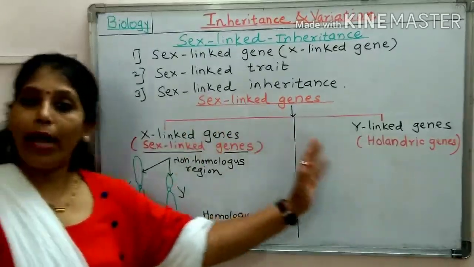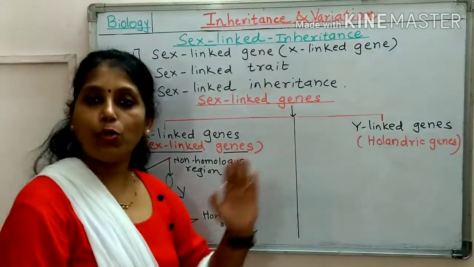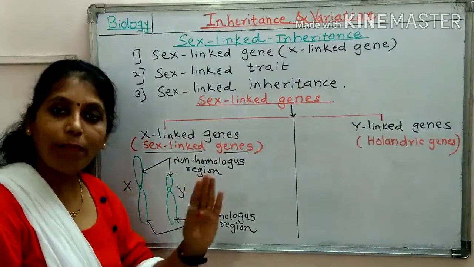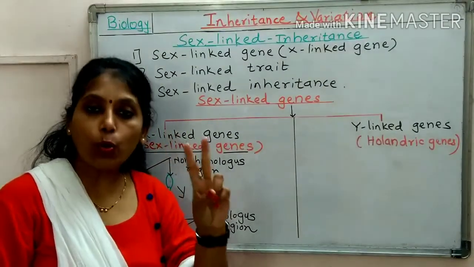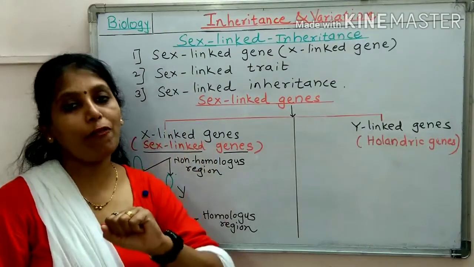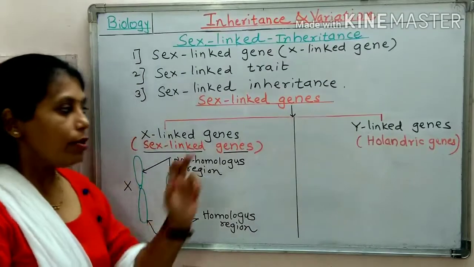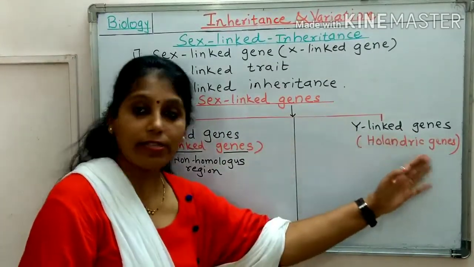Now come to Y-linked gene. As we know, the Y chromosome is present only in males. It is not present in females. In females, we have 2 X chromosomes. In males, we have 1 X and 1 Y chromosome. So this Y-linked gene is also called a Holandric gene.